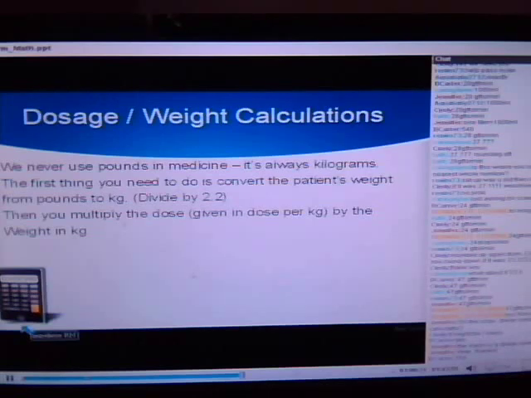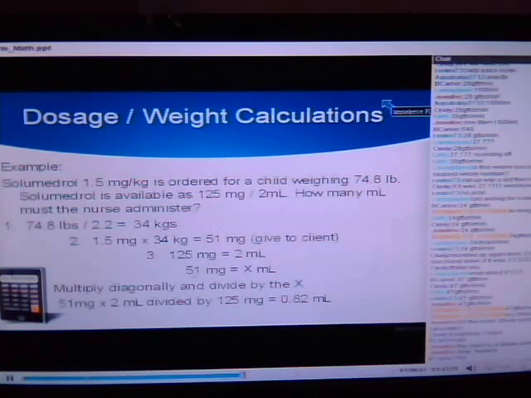So by the way, Jennifer, the way you figure this out is you take the 74.8 pounds divided by, there's my slash, that might be what you're seeing on the NCLEX, 2.2 pounds equals 34 kilograms, right? And then we can go ahead and figure out our calculation.